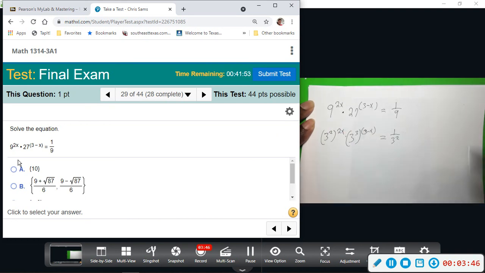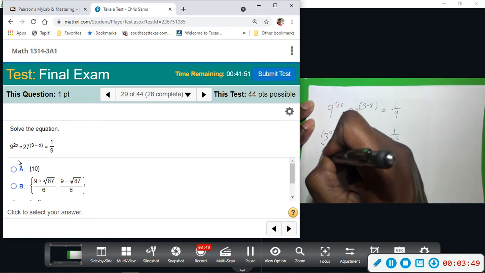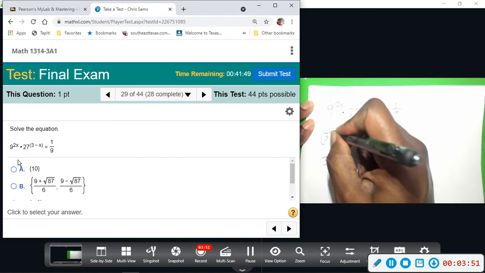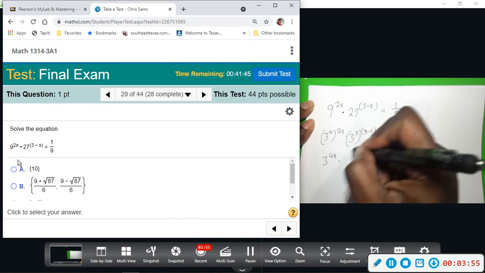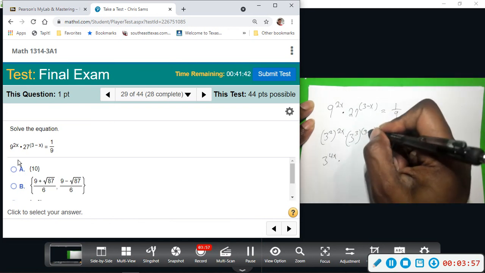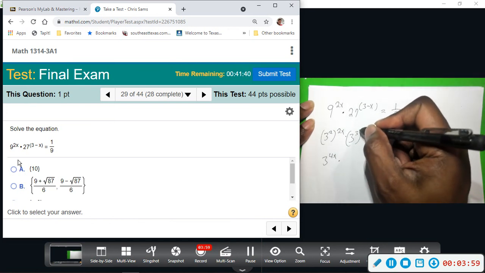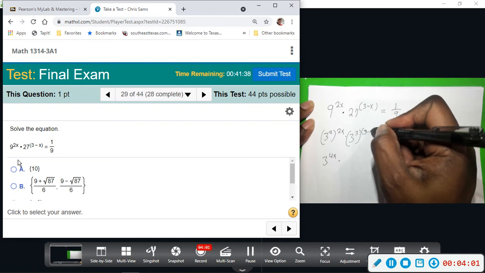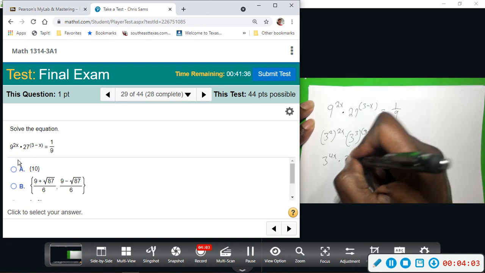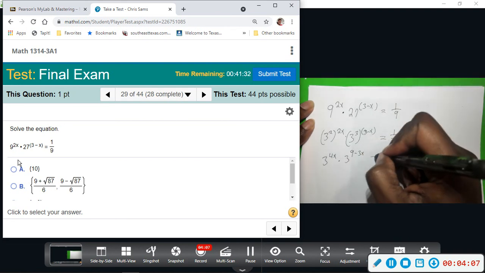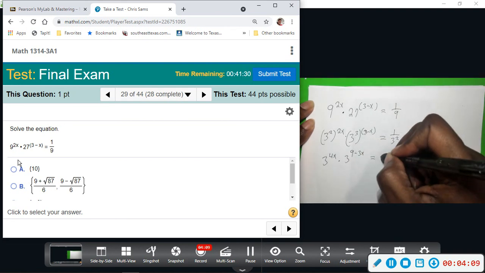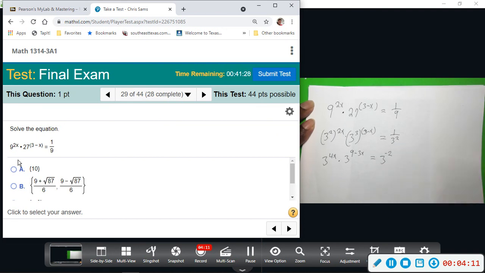Power to a power you multiply. So this will give me 3 to the 4x, times 3 to the 9 minus 3x, and this will be equal to 3 to the negative second power.